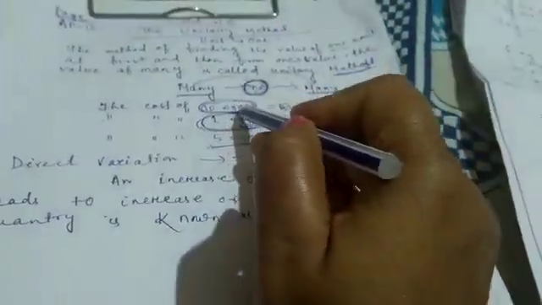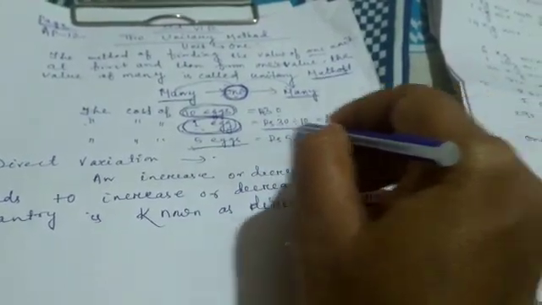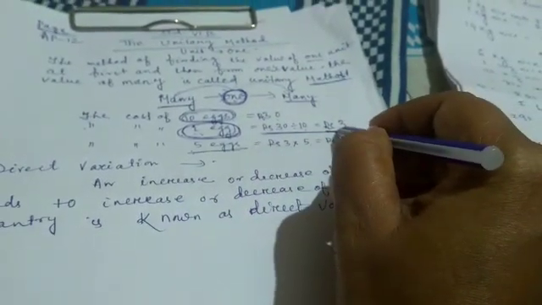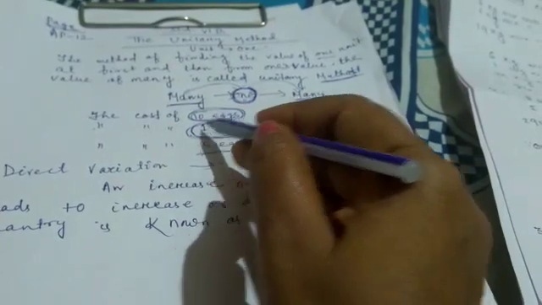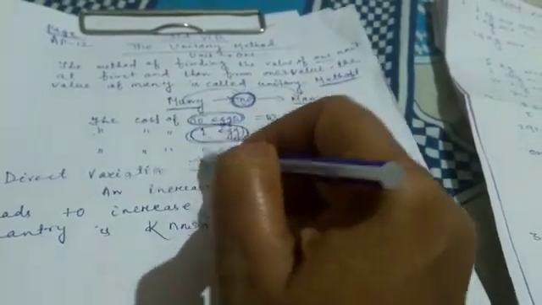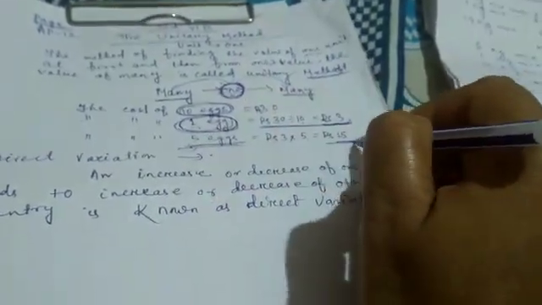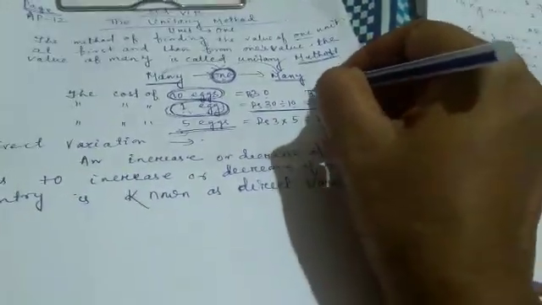Got it? So here you see, when you are getting the value of 1 from many, you did division. But when you find out the value of many from 1, you did multiplication. Two operations you did here. First one is division.